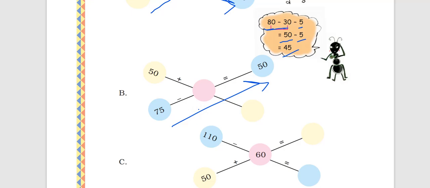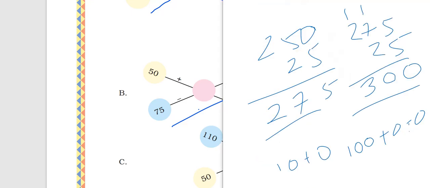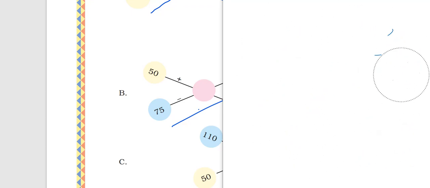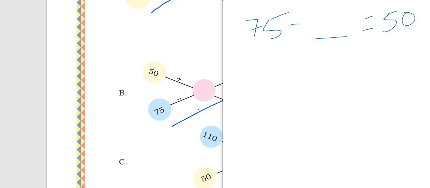75 minus dash equals 50. Right? So, in other words, if we add 50 with some number, we should get 75.